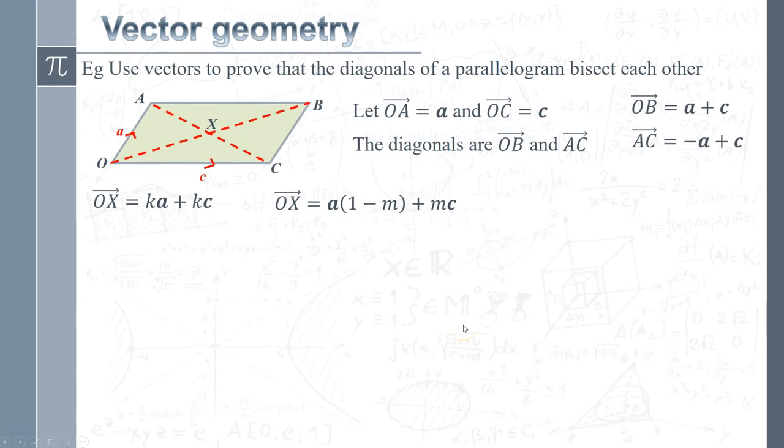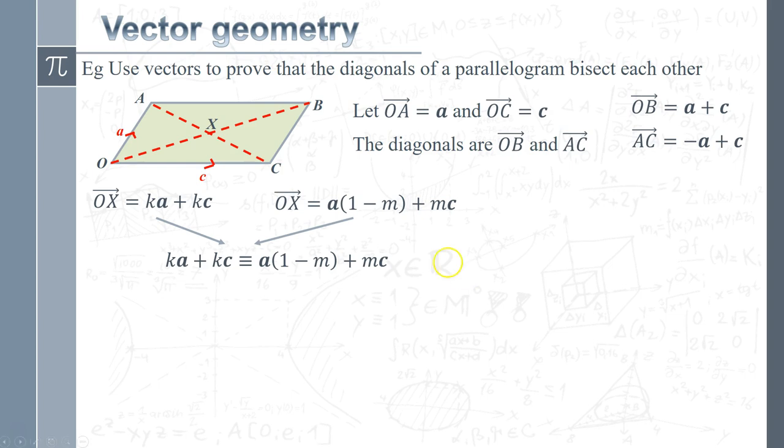What that means, therefore, is that I've now got two expressions for exactly the same thing. So if both these things are ways of describing OX, then I can just put the two things together and say, you know what, this one here is equivalent to this one over here. Notice I've just used the equal sign with three lines to mean equivalent to. They're going to be the same for some values of K and M. Now, here comes the next sneaky trick.